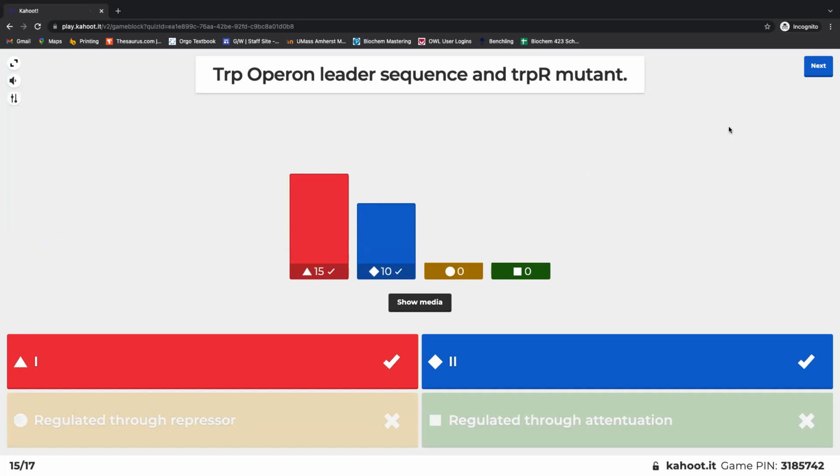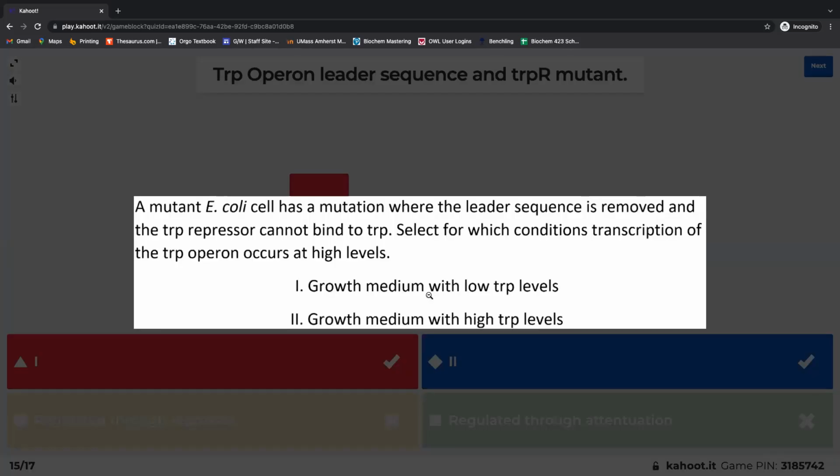The entire leader sequence. All right. So what happens if you take out the entire leader sequence, like 1, 2, 3, and 4? Can attenuation occur? Okay. And then without a trp repressor, can repression occur?